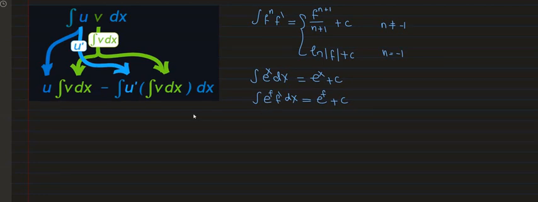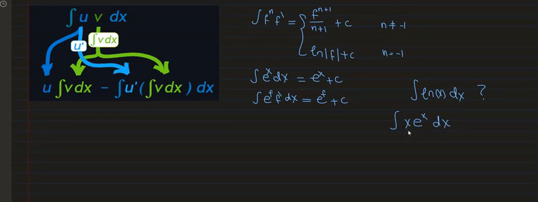Okay, now what about the integration of the ln of x? If we have the function ln x under the integral, how can we solve this integral? Something else. What if we have the integration of x times e to the power of x? This is the product of two functions.